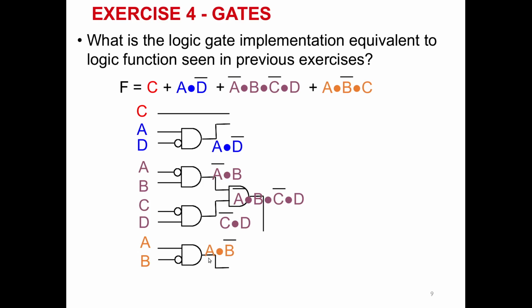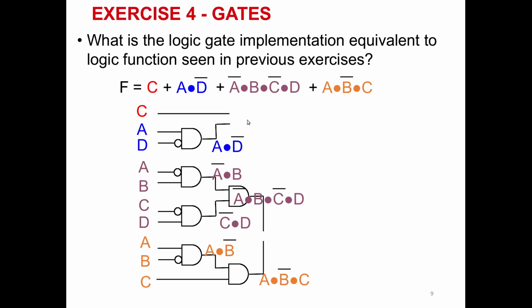So we have A and not B appearing here, and the input value for C, and we AND these 2 together, and we will have A and not B and C. So here we have 4 signals, 4 outputs available: C, A and not D, not A and B and not C and D, and this one, A and not B and C. Now we need to OR all of them together.